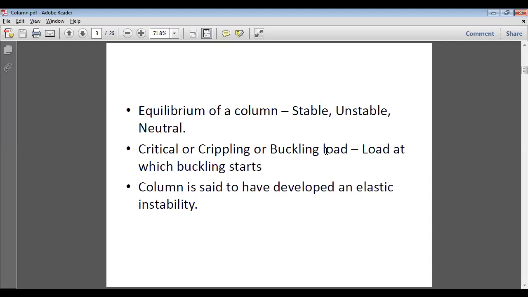After that, if even a few kilos are added to it, it will start elastic instability. That means the column will be permanently deformed, or plastic deformation, and this plastic deformation will ultimately lead to failure of the column. This is the critical situation, and all the forces are designed so that they don't overrun this critical or crippling or buckling load.